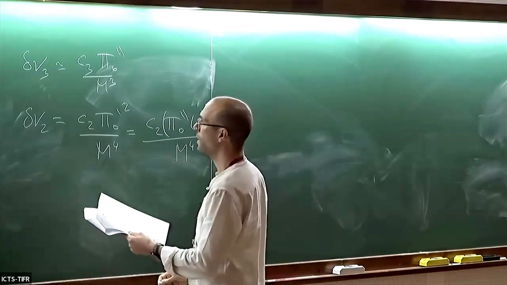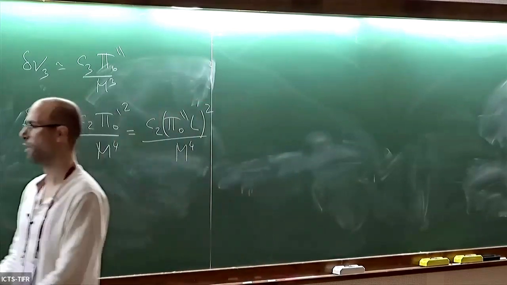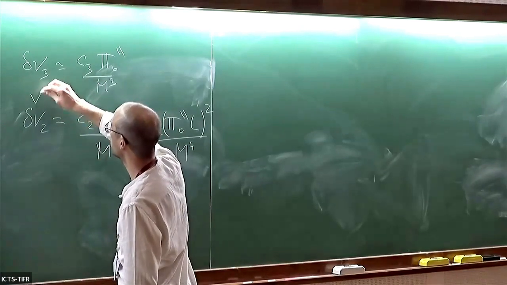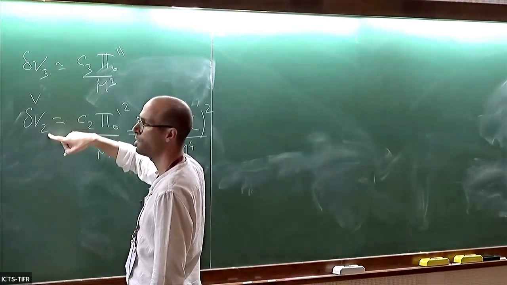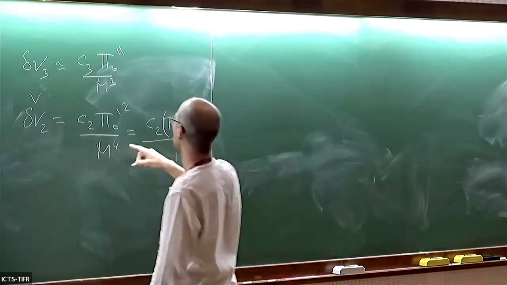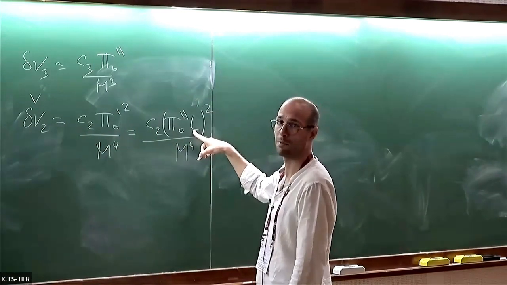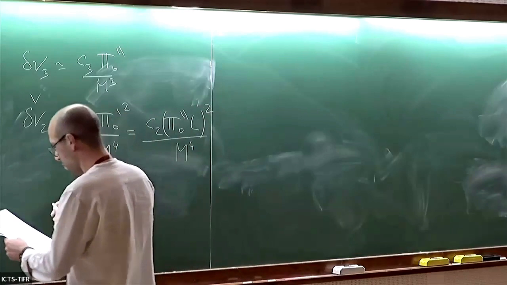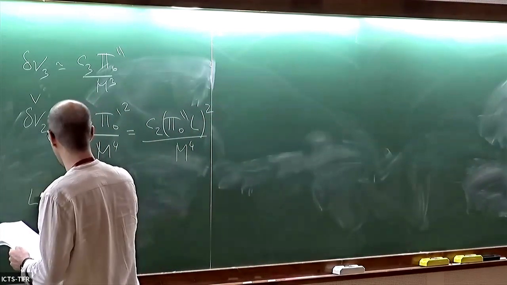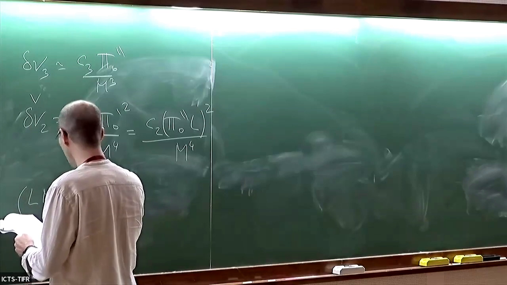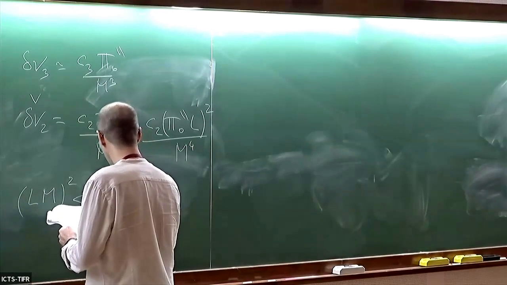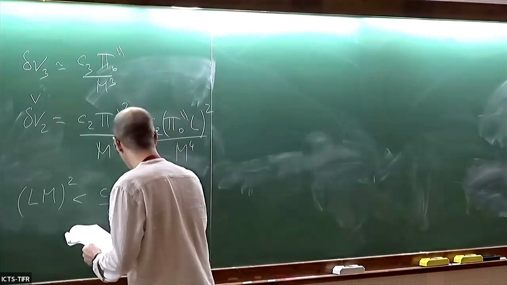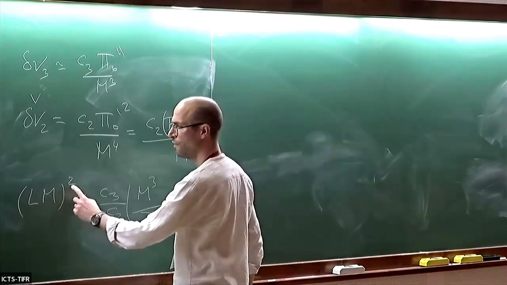Now I want to travel superluminally for as long as I can sustain, so I demand that delta V3 dominates delta V2. This gives an upper bound on L. Eventually L gets larger and violates this. Solving, you get L m squared must be less than C3 over C2, m cube over pi 0 second. This is the maximum length you can travel in units of the cutoff.